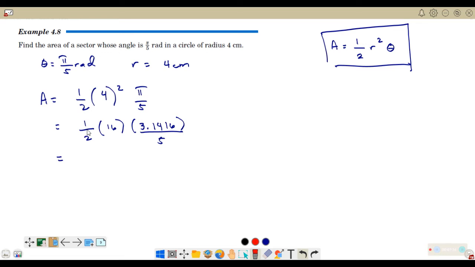So, dito, ayan, divide na natin siya by 2. 8 na lang yung matitira dito. So, we have 8 times 3.1416 over 5. Okay. Perform na tayo ng calculation. We have 1/2 times 4 squared times pi over 5.